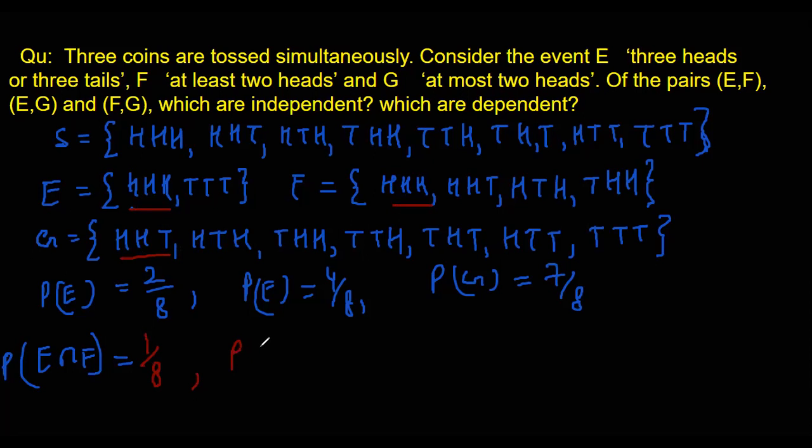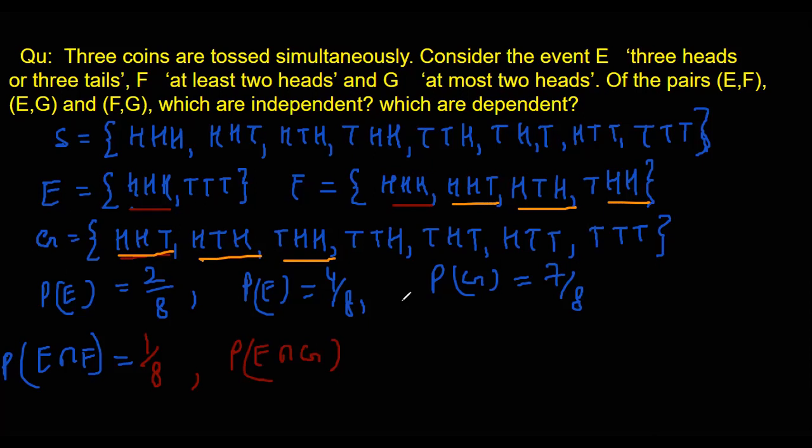Similarly, what will be P(F intersection Z)? Now what is common in F and Z? If you could see, F and Z, what is common? HHT is common here. HHT, HHT, HTH, HTH, THH, THH, right?